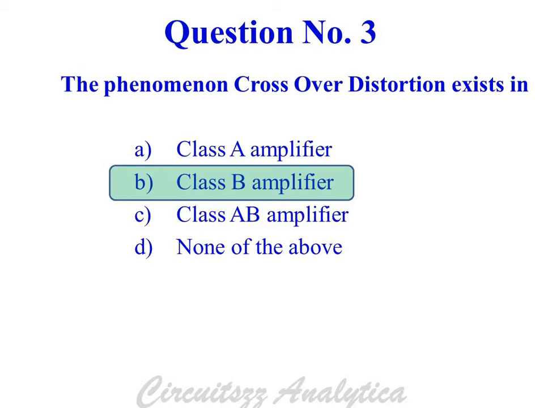If instantaneous value of the input signal is less than 0.7 volt, none of these two transistors conducts. So, output voltage is equal to 0, and this condition is called crossover distortion. And this condition exists in Class B amplifiers. To overcome the crossover distortion, we can use Class AB amplifier.